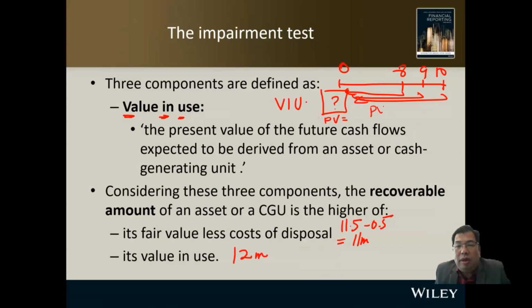You can use PVIF or PVIFA tables to help you calculate the present value of cash inflow, or the net cash inflow from use of assets in the future. Okay, so you need to compare these two, and this will end up with 12 million.